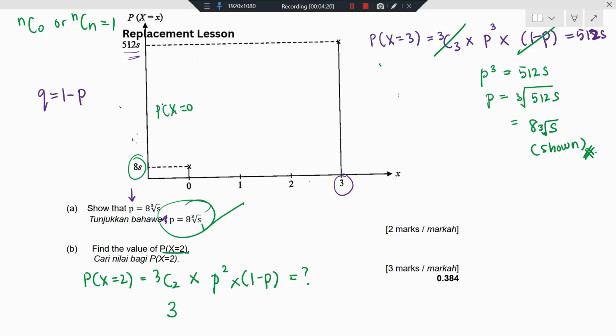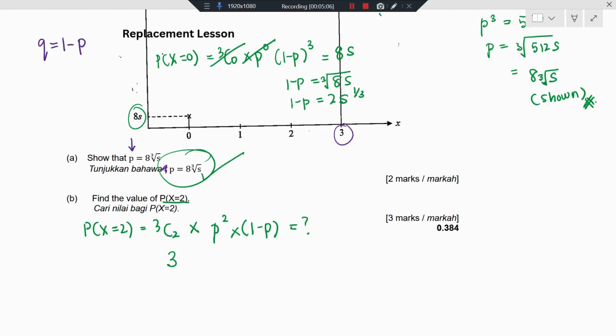Probability x equals 0 is 3C0 multiplied by the probability of success to the power 0, and 1 minus p to the power 3, and the answer is 8s. Correct? So 1 minus p cubed, then it becomes the cube root of 8s. So 1 minus p is equal to 2, the cube root of 8 is 2, and s to the 1 over 3.